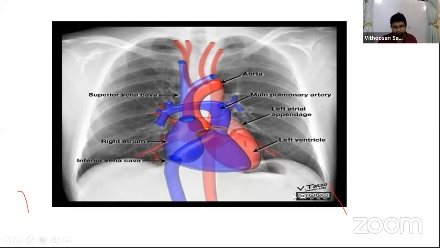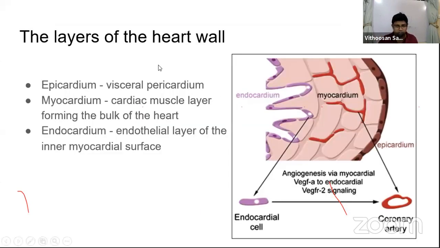Now I just want to say a few words about the layers of the heart. There are three layers. There is the epicardium outside, or the pericardium, which actually has two parts.